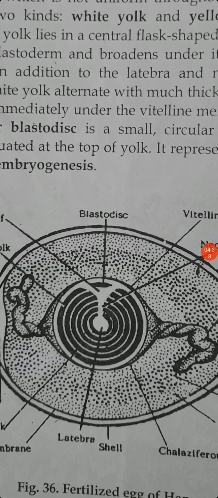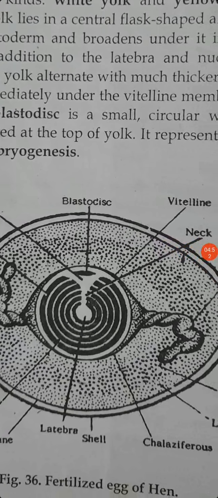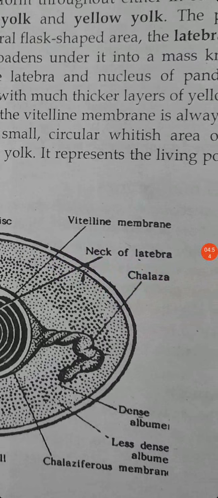See here, this dotted part is the albumin. Two spirally twisted cord-like strands called chalazi are projected at either end of the yolk. See here, the coiled rope-like part, this is the chalazi. You can see them on either side of the yolk.